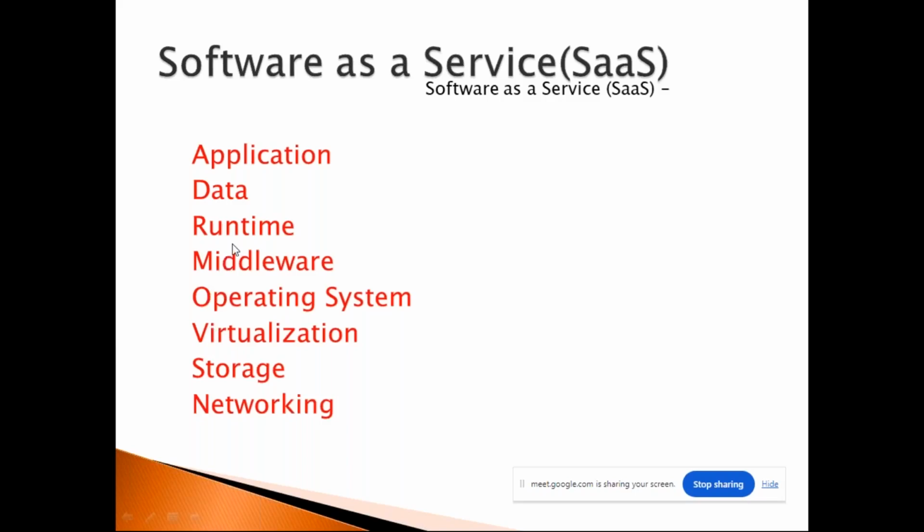I did not deploy any application. Everything is powered and maintained by Gmail. Your job is only to create the account and you can use that as a mail server. That is called software as a service.